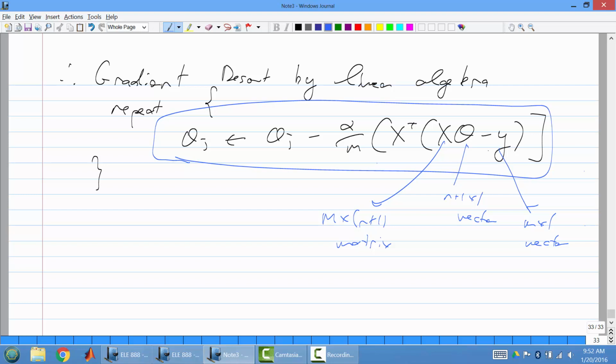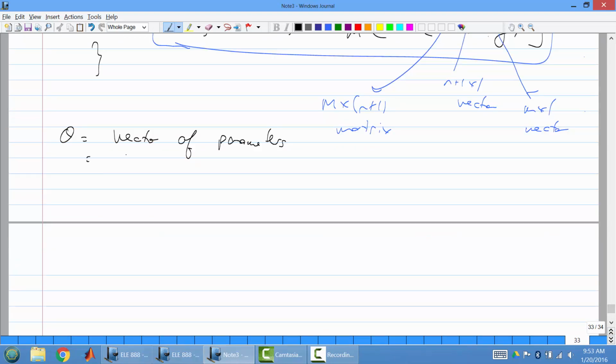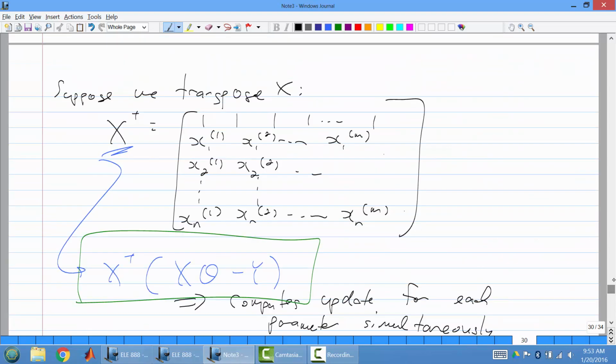One last thing. Let me just throw this stuff in. We've got theta, which is the vector of parameters, going from theta 0, theta 1, and so on. X is the data matrix, it was this stuff here.